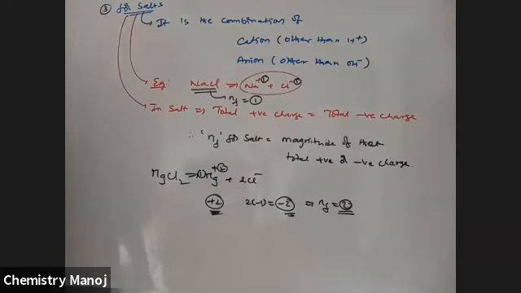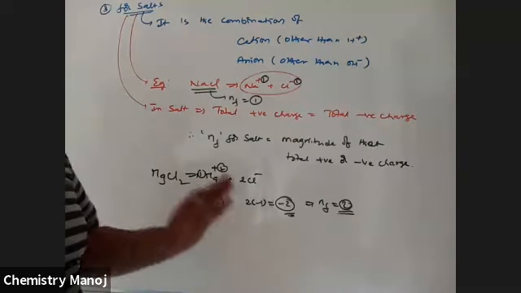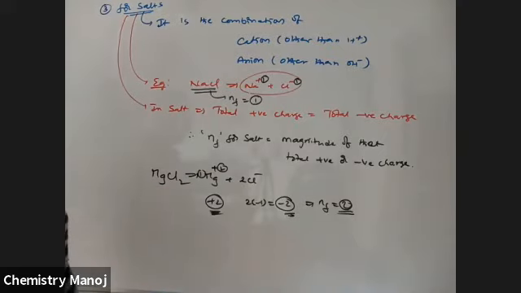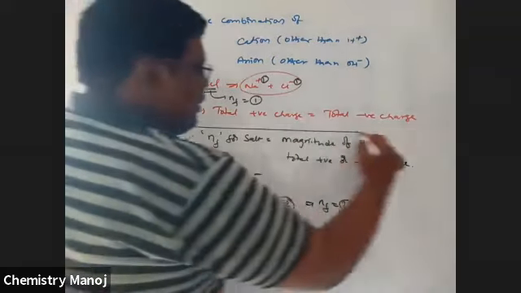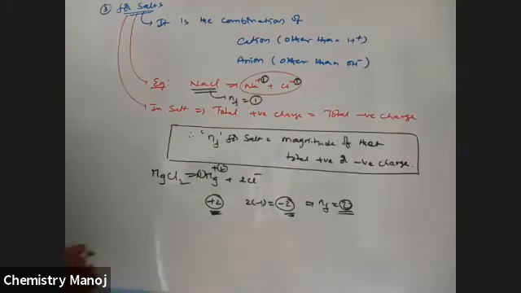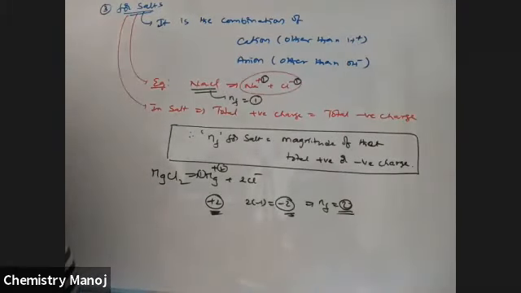Therefore, for a salt, the magnitude of the total positive or negative charge is taken as the N factor. This is very, very important. Once you know the N factor, the equivalent weight of the salt is the molecular weight divided by the N factor. See some examples.